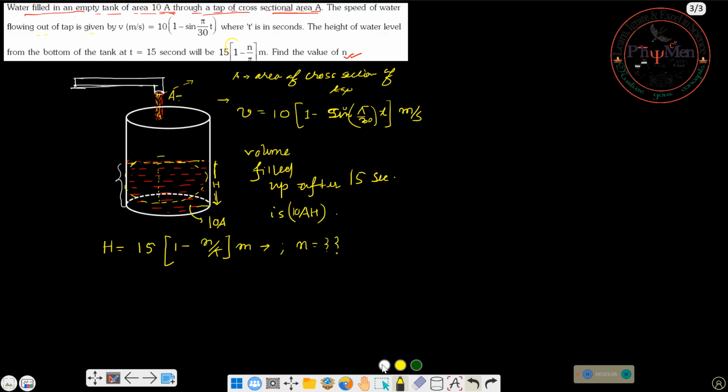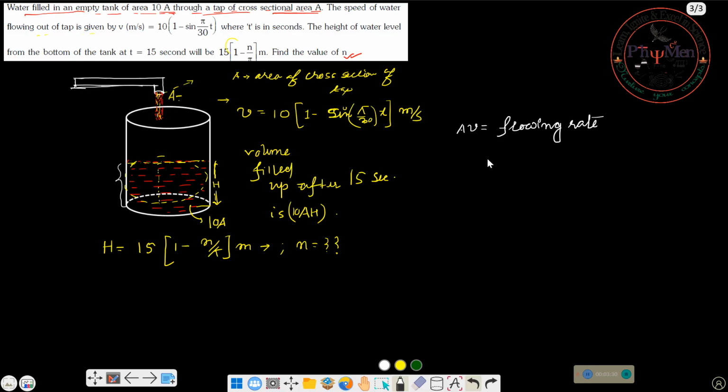Now, as we know, A times v, where A is the area and v is the velocity of the flow from that particular cross-sectional area of the tube, is called the flowing rate.